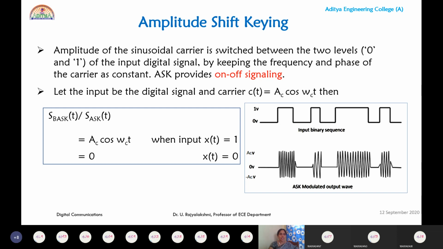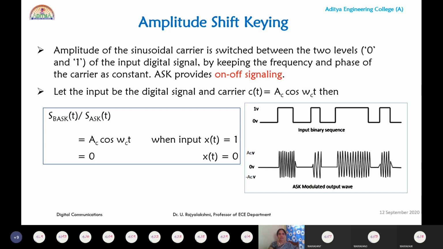Please go through the expression: S_ASK(t) equals Ac cos(omega_c t) when data is equal to 1. When data is 0, the magnitude of the ASK signal is 0, because the amplitude of the carrier is switched between two levels by keeping the frequency and phase constant.